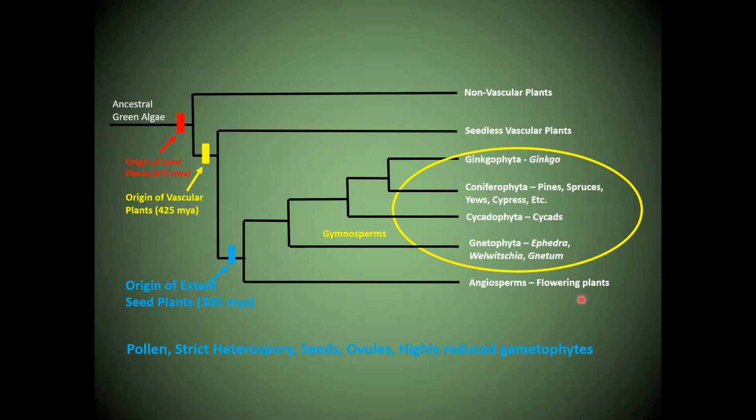The characteristics that you are going to learn today that evolve in seed plants are the presence of pollen, the first sign of heterospory (you know what homospory is), seeds, and ovules, which is a new organ that you are going to learn. And the gametophytes become extremely reduced in terms of their duration in the life cycle as well as their physical size. The origin of seed plants can be dated to about 305 million years ago.